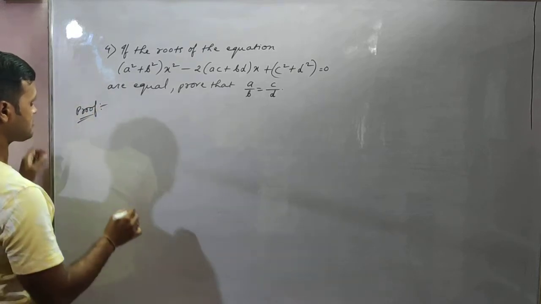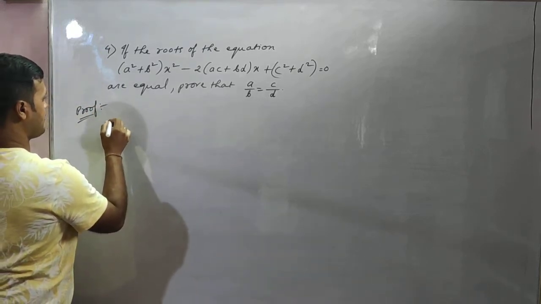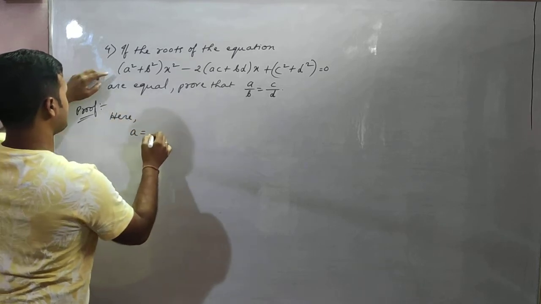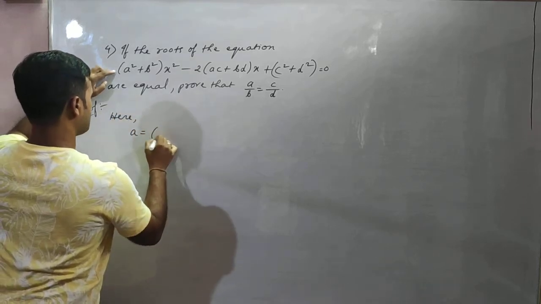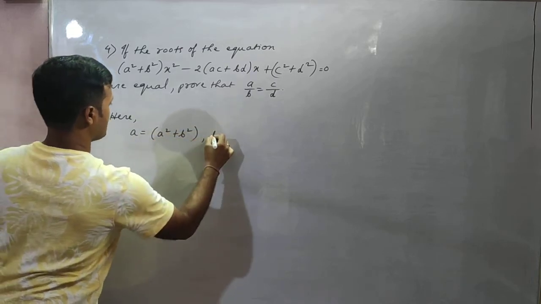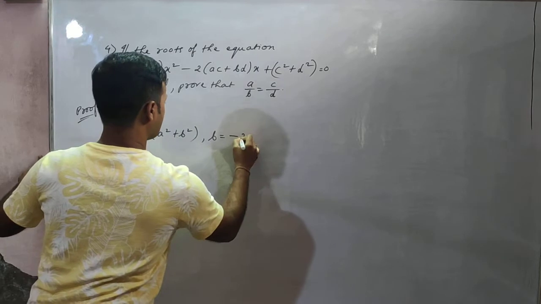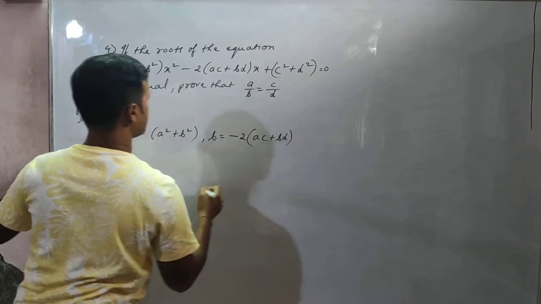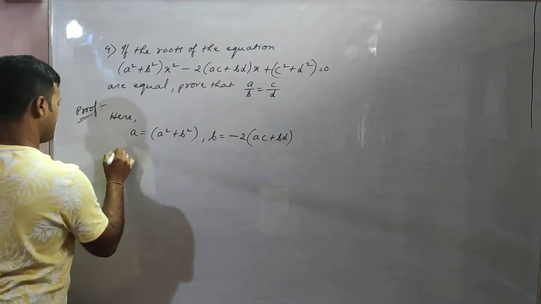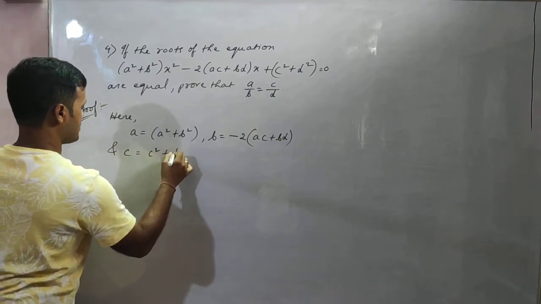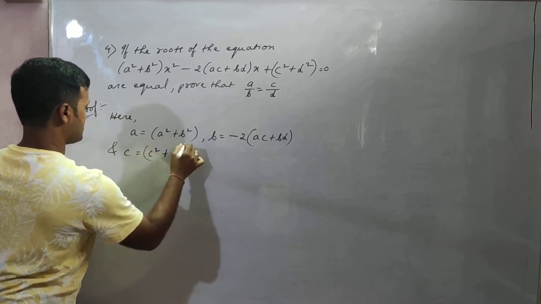Okay, so here a is equal to a square plus b square, b is equal to minus 2 into ac plus bd, and c is equal to c square plus d square.